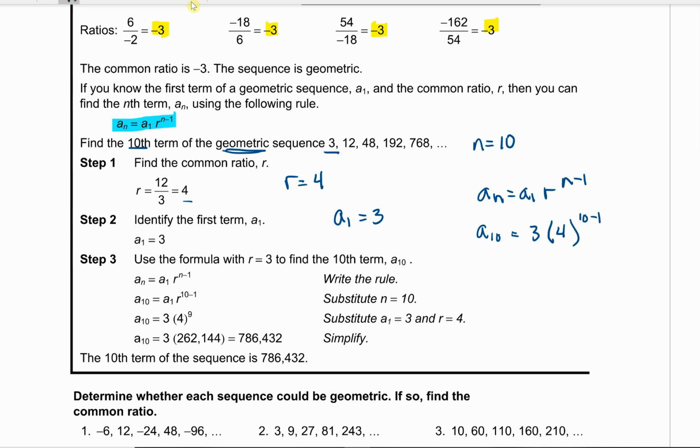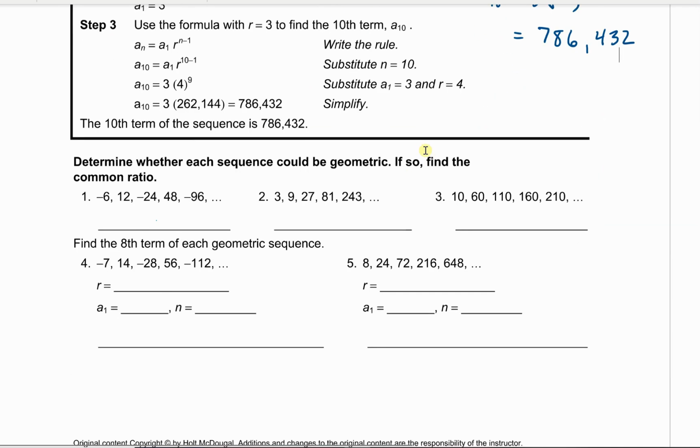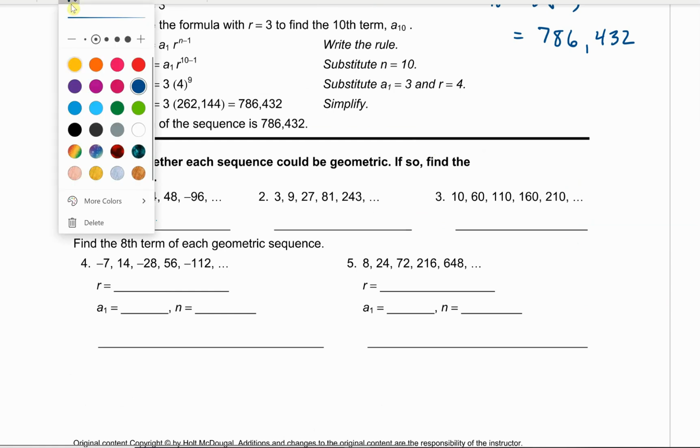And I kind of worked it out here. 3 times 4 to the 9th. You get, wow, 786,432. Yeah, geometric sequences get big really quick, depending upon what that R value is. All right, so let's take a look at some sample problems.